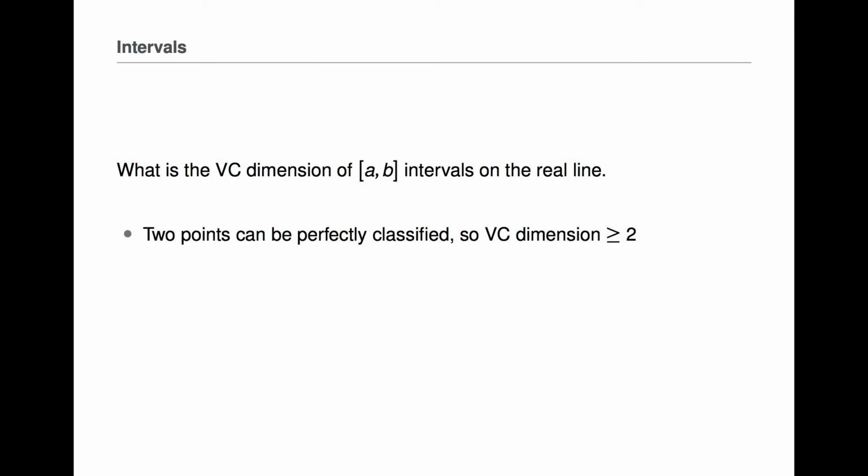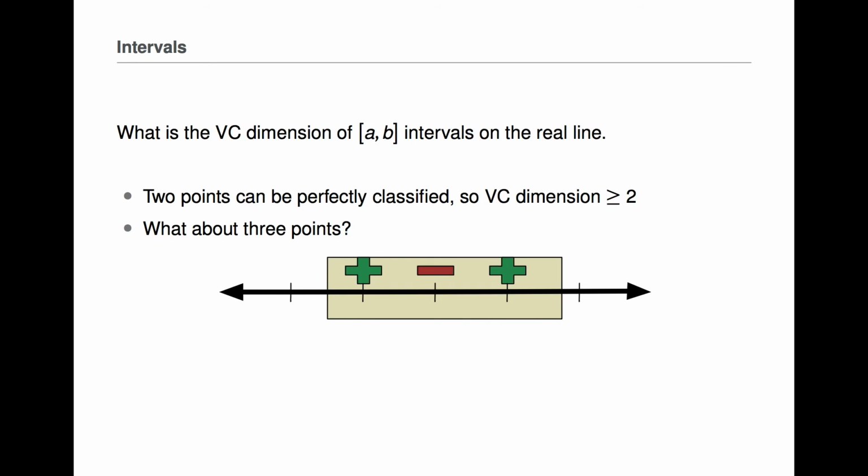Okay, so that shows us that 2 points can be shattered by this hypothesis class. We know the VC dimension is greater than or equal to 2, but is it greater than or equal to 3? It turns out not to be. You can prove that any 3 points cannot be shattered. For 3 points, no matter where they are on the number line, so long as they're distinct, there will be a middle point.